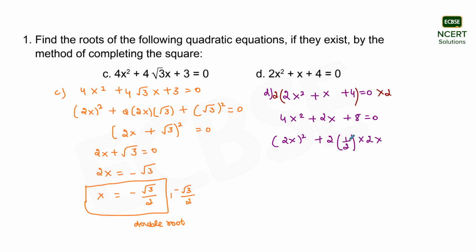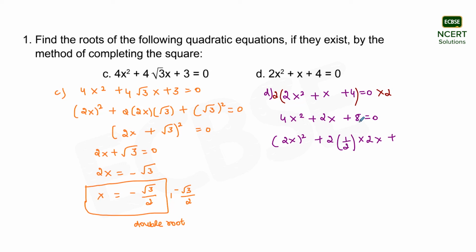That is, this term again comes out to be equal to 2x as it was before. So this will be 2 into 1 by 2 into 2x. And if we observe this term clearly, it can form 2ab only and only if b is equal to 1 by 2. That is, b square comes out to be equal to 1 by 2 whole square.